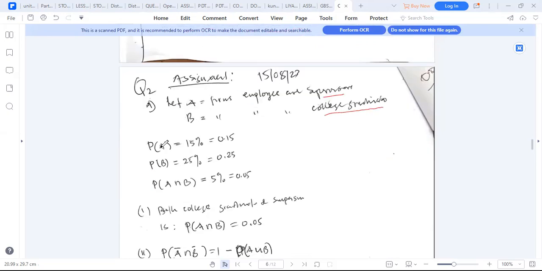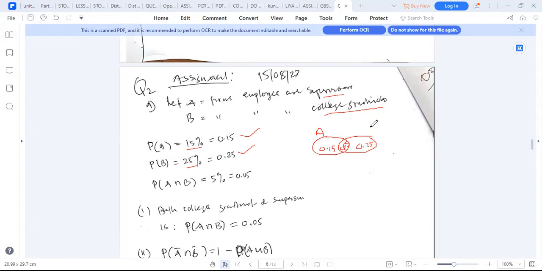In our question, we're told that 15% are supervisors, which is 0.15. We're told that 25% are college graduates, which is 0.25. Then A intersection B is 5%, which was for both college graduates and supervisors, or 0.05.